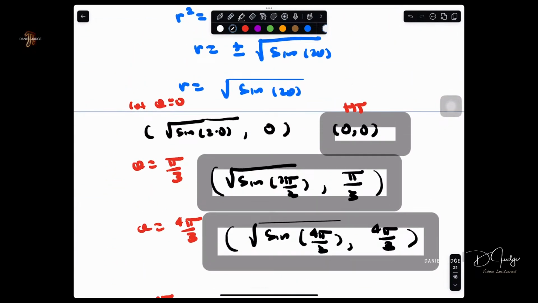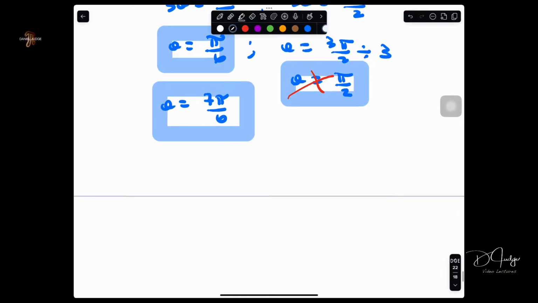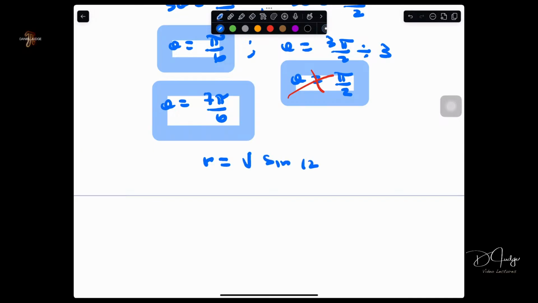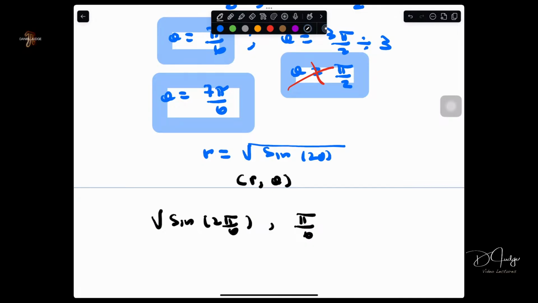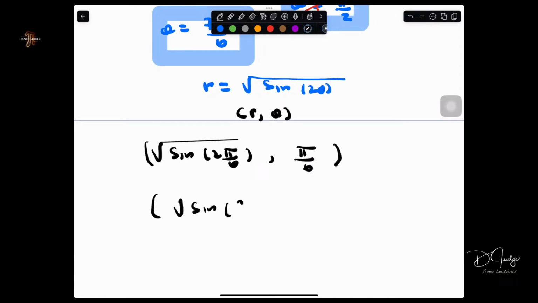So here's going to be your final answer. R, again, is the square root of sine 2 theta. So we have to write things as (r, theta) now. Square root of sine 2 pi over 6, comma, pi over 6. This is going to be your first solution. And then you got square root of sine 2 times 7 pi over 6, comma, 7 pi over 6.